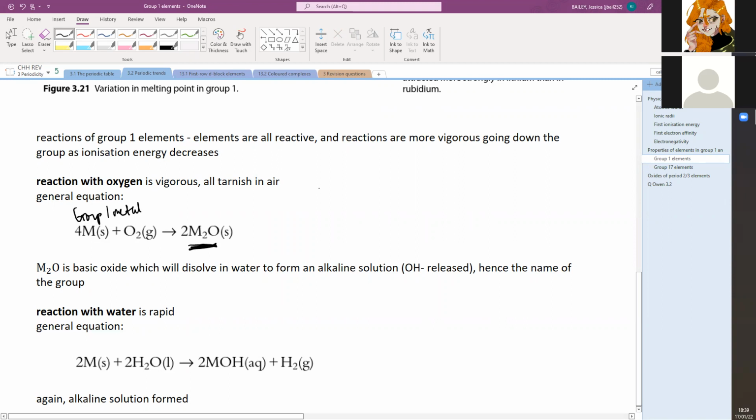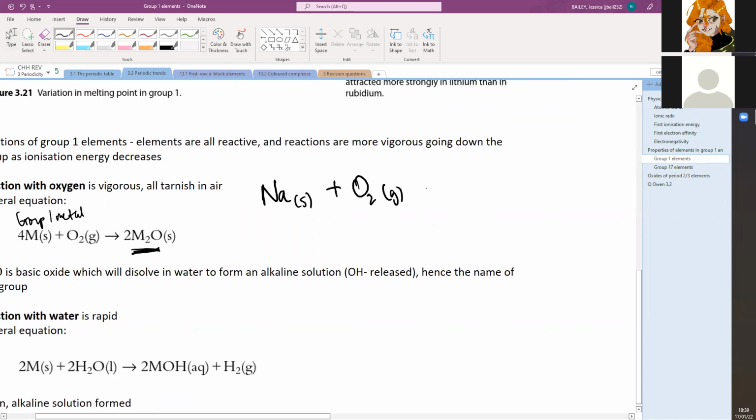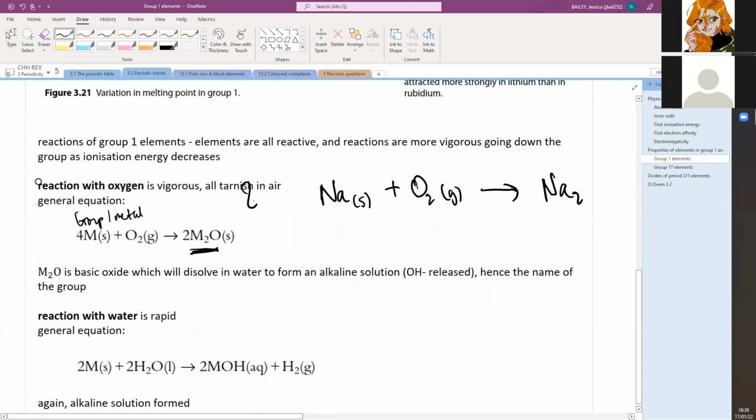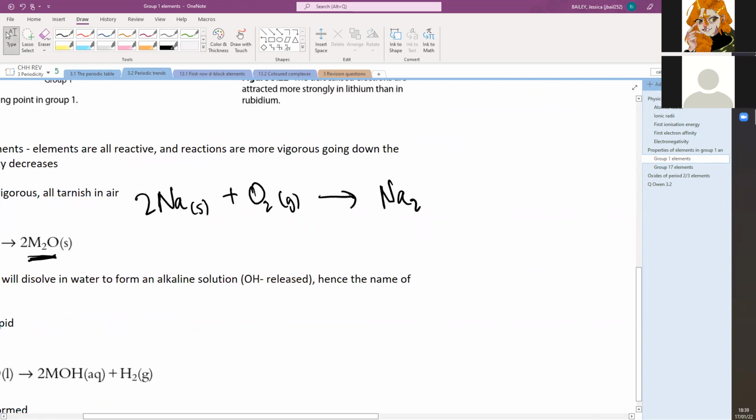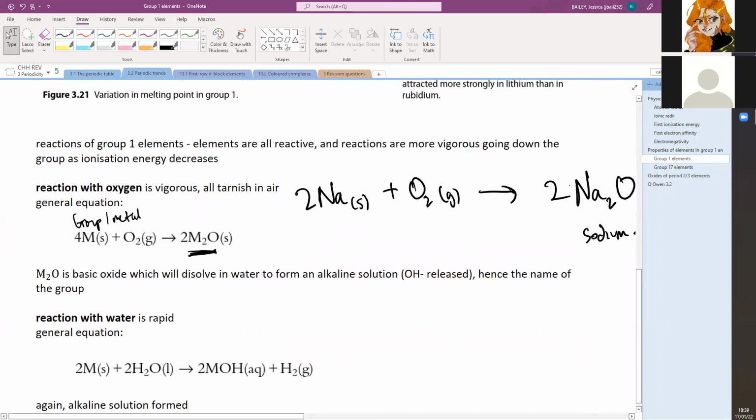So for example, if I had sodium and I reacted it in excess gaseous oxygen, I would need 2 of these, I need 2 of those, I would get sodium oxide is what that's called. So that's one of the processes you have to remember.